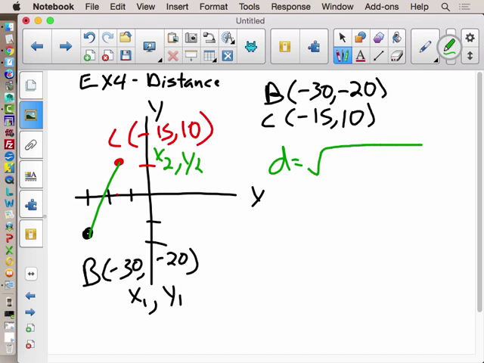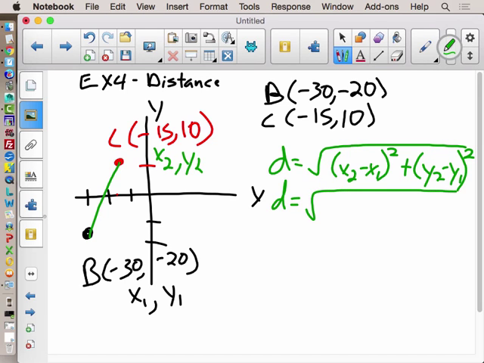Just plug it in. So I'm going to write the formula out. What I like to recommend to students is that you write the formula out every time when you do your homework. It's kind of like studying. I memorized all these formulas. If you look, I don't have any notes. I'm not checking the book. They're in my head.